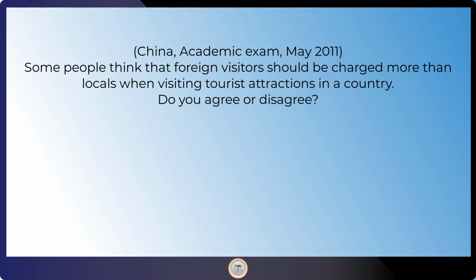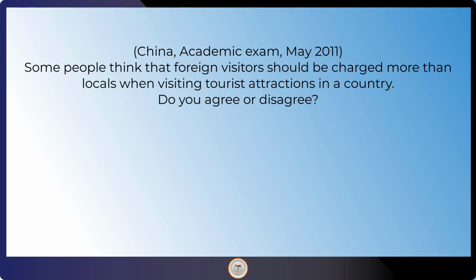Okay, now let's read the question together. The question reads, some people think that foreign visitors should be charged more than locals when visiting tourist attractions in a country. Do you agree or disagree?